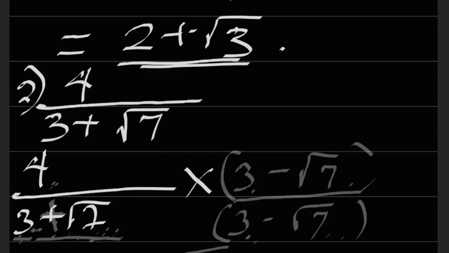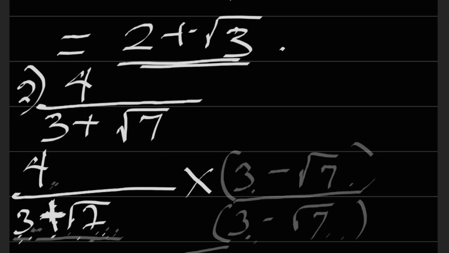So from what I said in example 1, if this place is plus, we are going to use minus. But if this place is plus, we'll use minus in our multiplication.